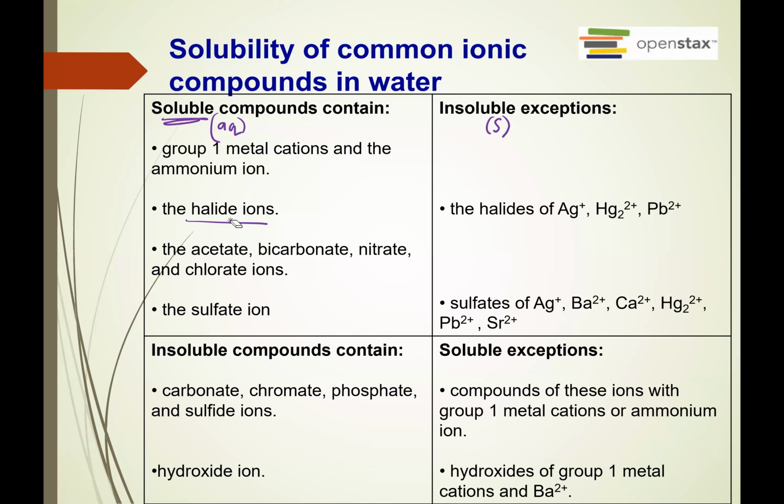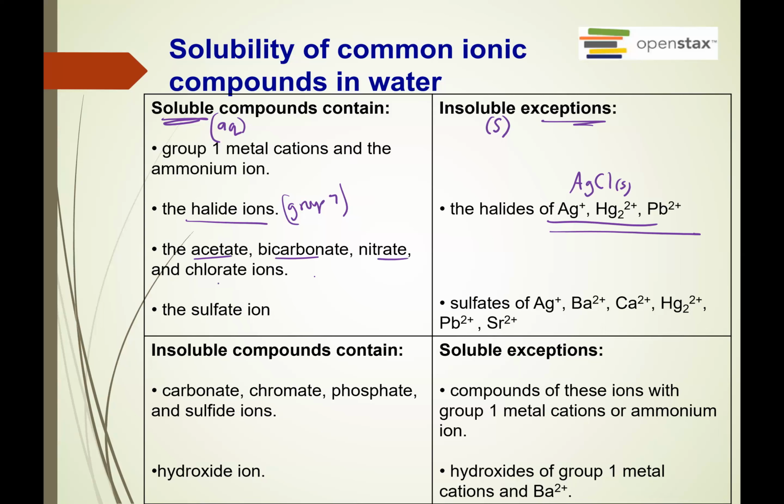The halide ions, who's the halides? What group is that? Who's the halogens? Group 7. So all the group 7s are soluble except, this is where the exceptions are, Ag. So this means AgCl would be a solid. Hg and Pb chlorides would be solids.